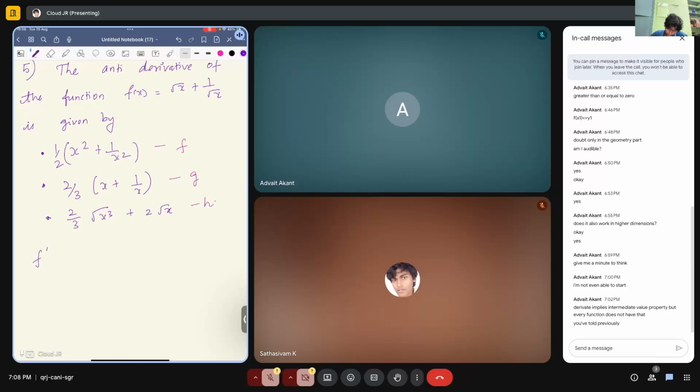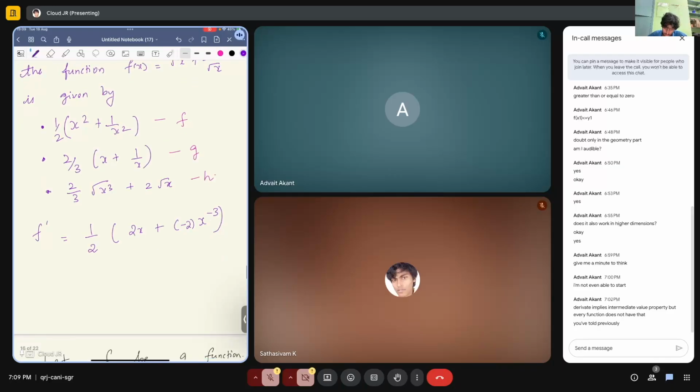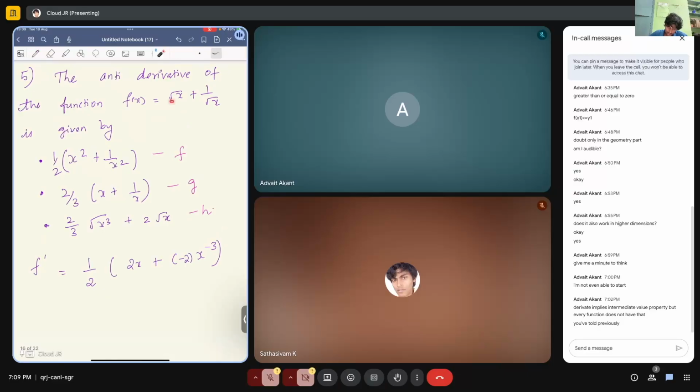So if you look at f prime, this is nothing but 1 by 2, 2x plus, so this is basically x power minus 2. If you take the derivative, that will be minus 2 times x power minus 3, whatever it is. If you cancel it, you will not get this, right?